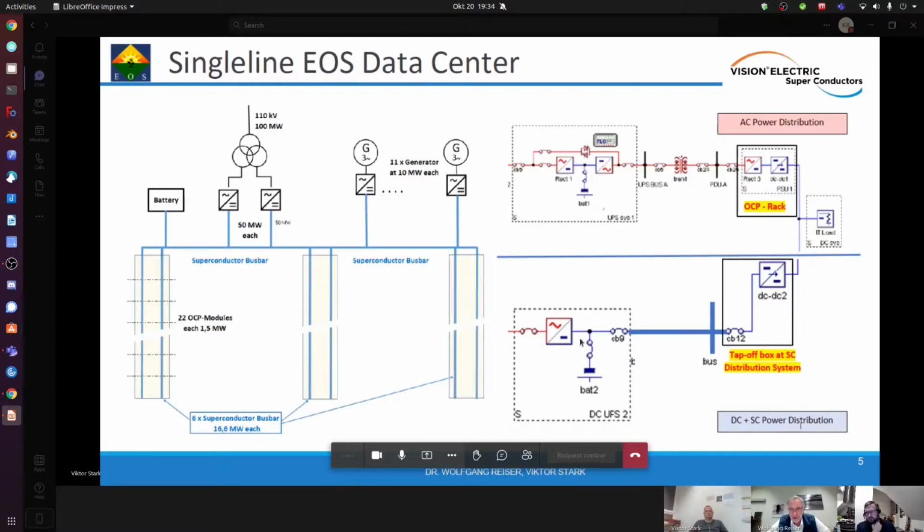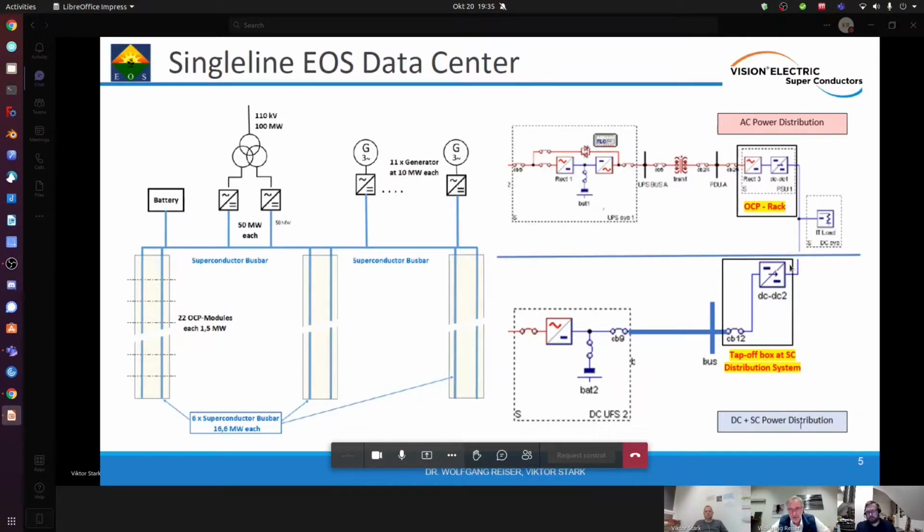It could be 400 volt, it could be 500, 600 volt, or whatever you like to have as a battery voltage. And therefore this voltage can be used to conduct directly close to your racks. And that gives a lot of advantages.